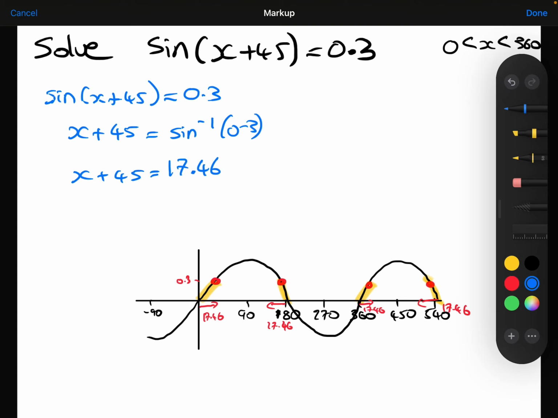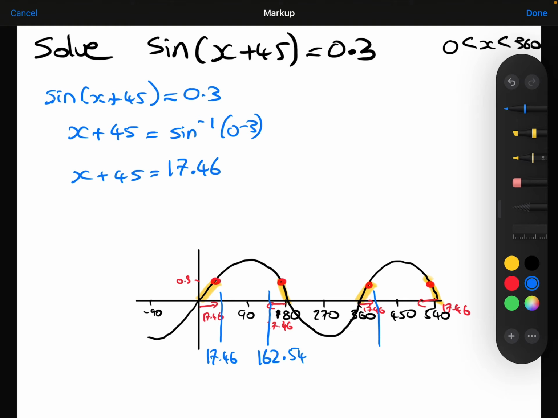So to get all of my answers then, this first answer is obviously 17.46. This answer here is going to be 180 minus the 17.46, which gives 162.54.